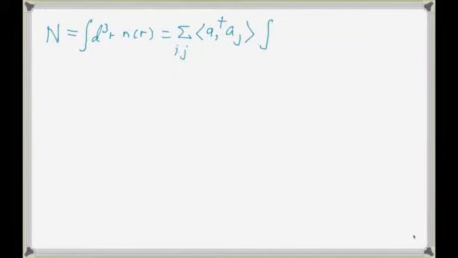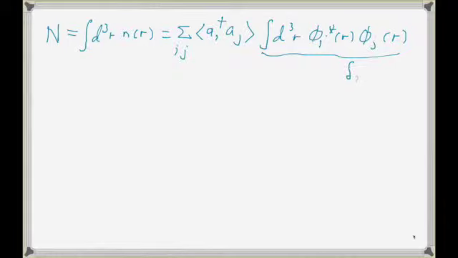So the total number of electrons n is integral over all position d cubed r n of r, which is equal to sum ij, ai dagger aj, integral d cubed r of phi i star phi j of r. And since this is an orthonormal basis, this just gives me my Kronecker delta, which collapses one of the sums.